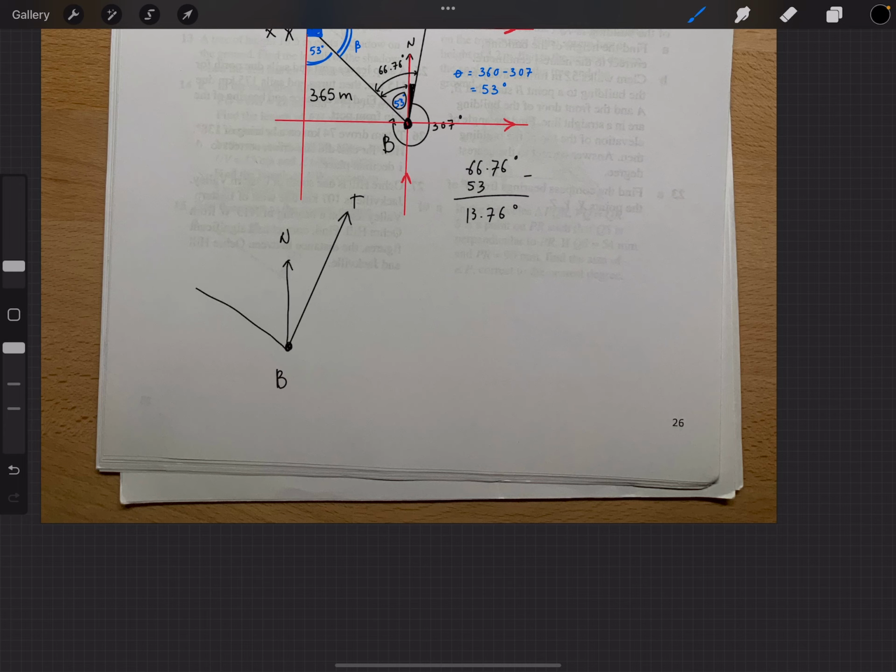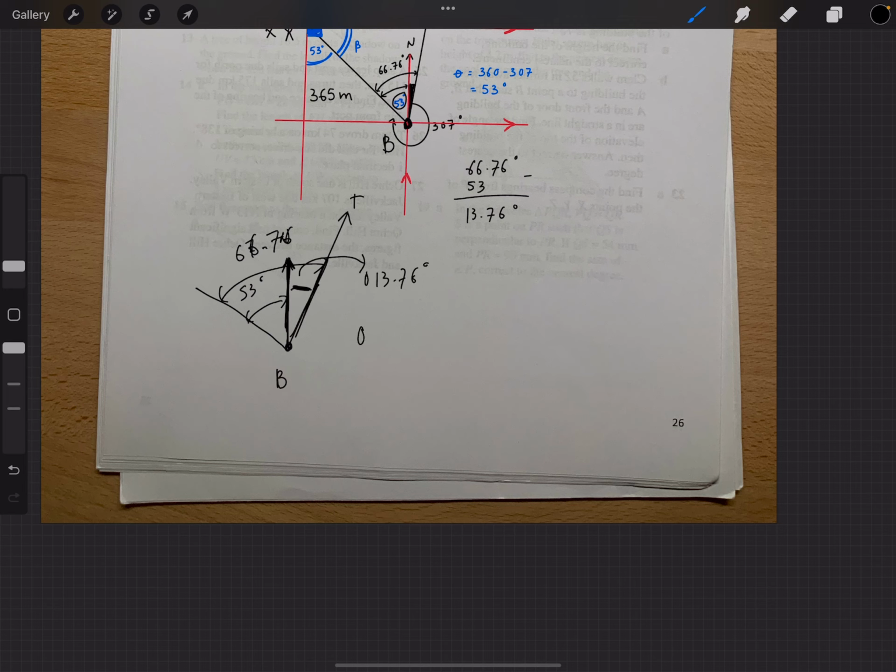This angle here we found out to be 66.76 degrees, and this angle was 53 degrees. So this angle here, between the north line and the tower, is 13.76 degrees.